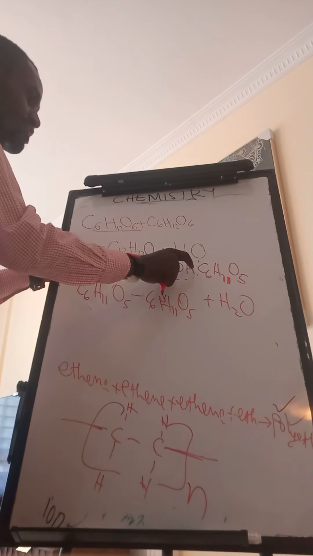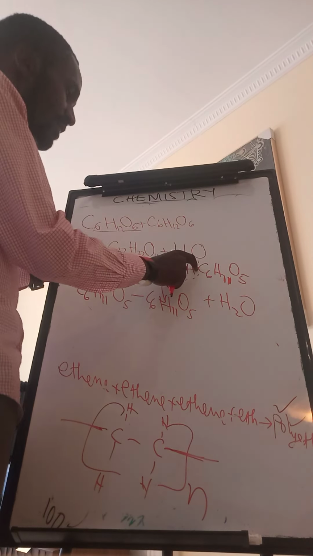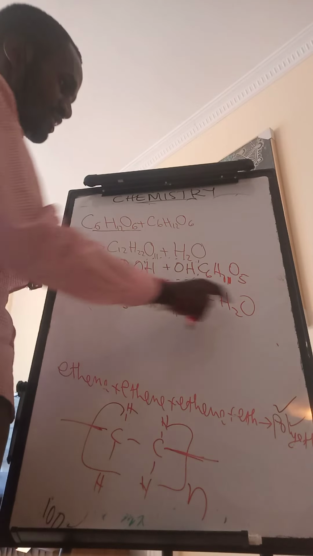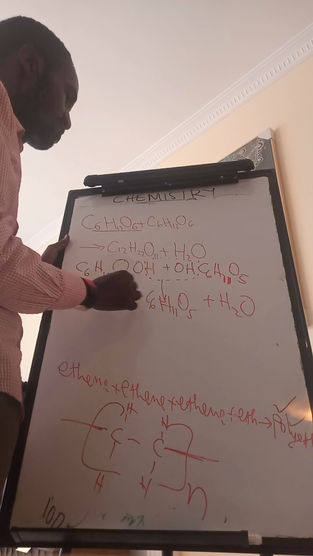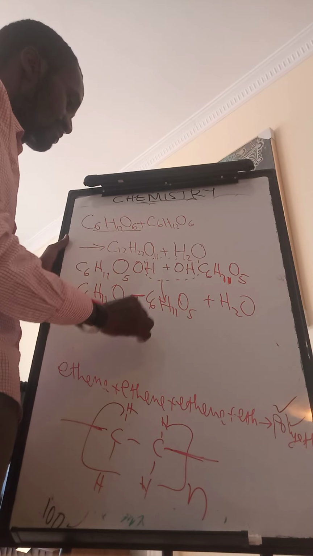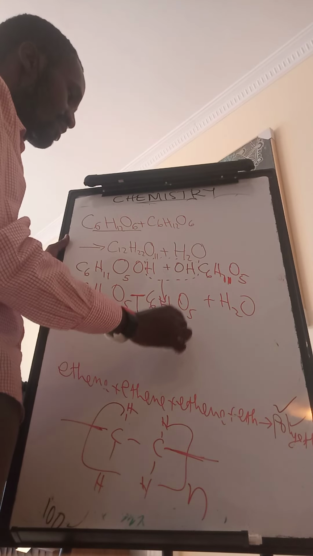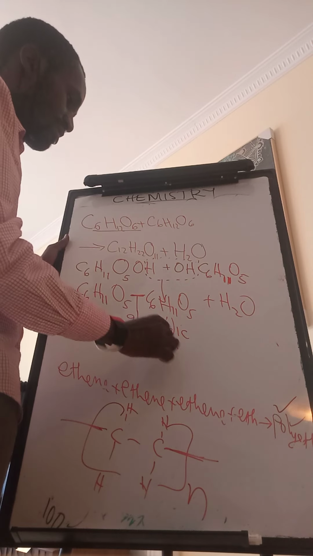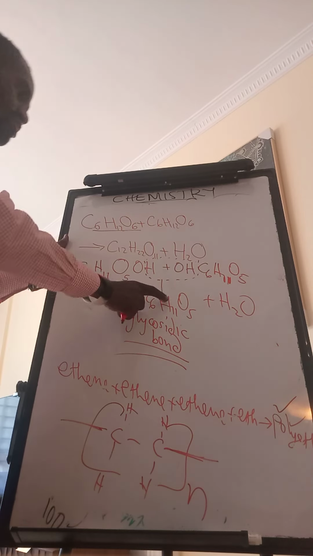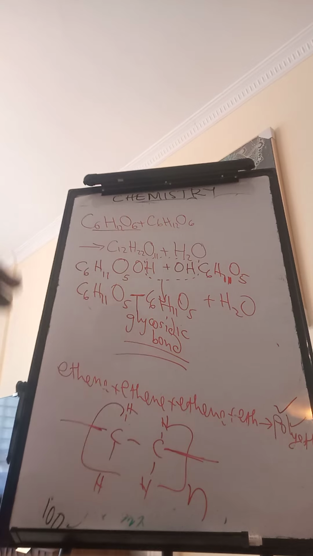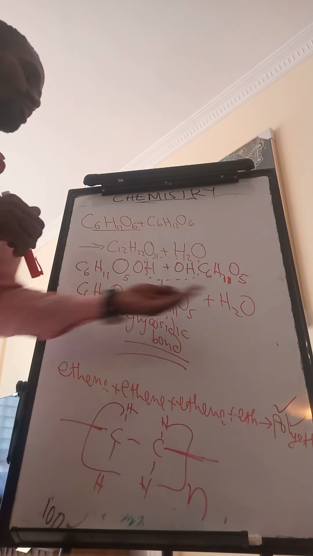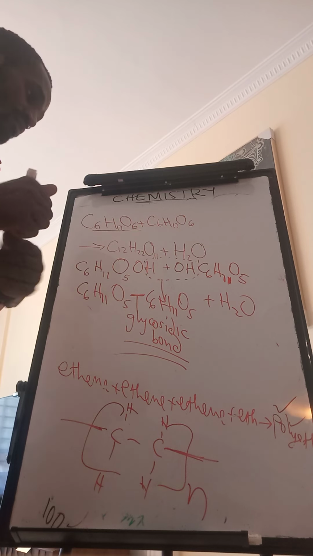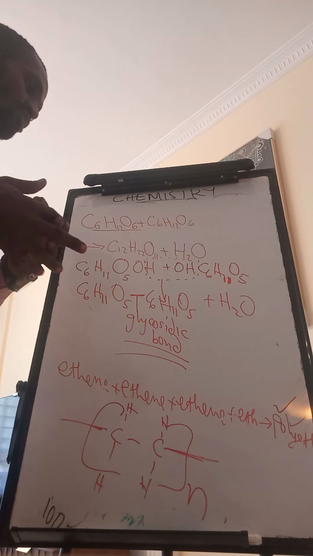So the OH on the second glucose molecule combines with the H on the first glucose molecule to give us the water molecule. So this part and this part have to combine. The bond between these two is called a glycosidic bond. It holds two glucose molecules together, forming this type of bond with the water molecule given out. And that step gives us condensation polymerization.